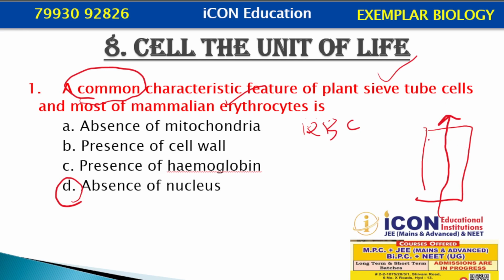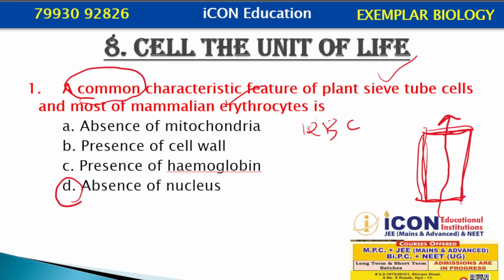So a thin little cytoplasm will be there at the periphery, but the central part will be empty, having lost the nucleus, ribosome and vacuoles to create an unobstructed pathway for the nutrient transport.